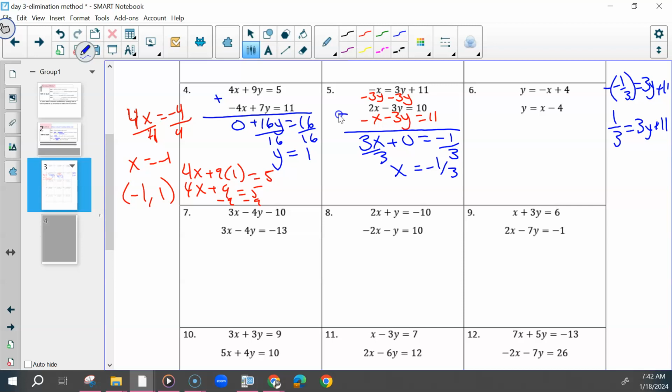And you can do some of this in the calculator. Subtract 11, you'll get a not nice fraction.